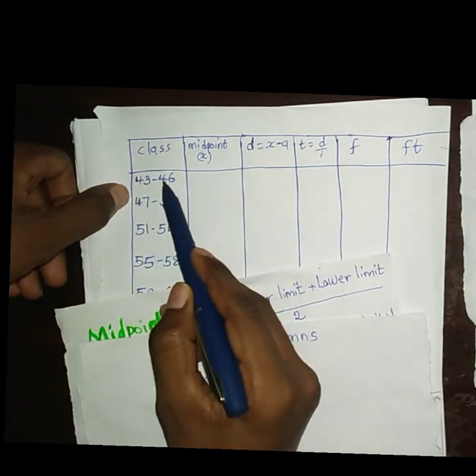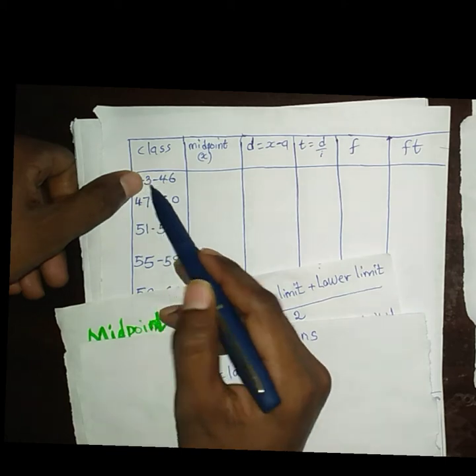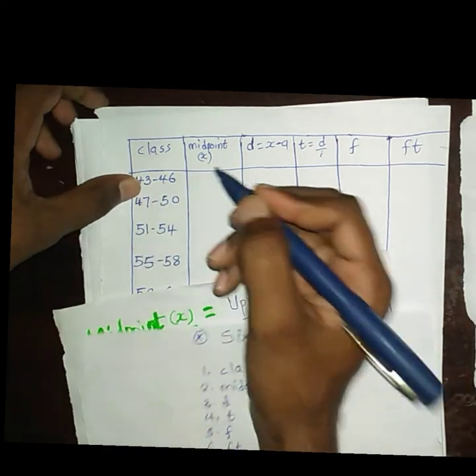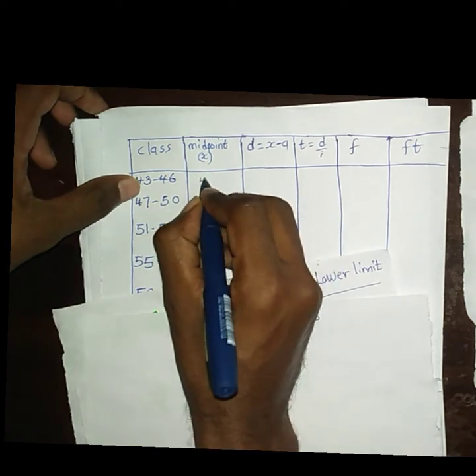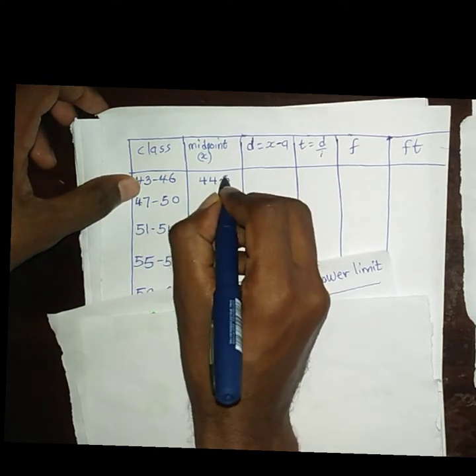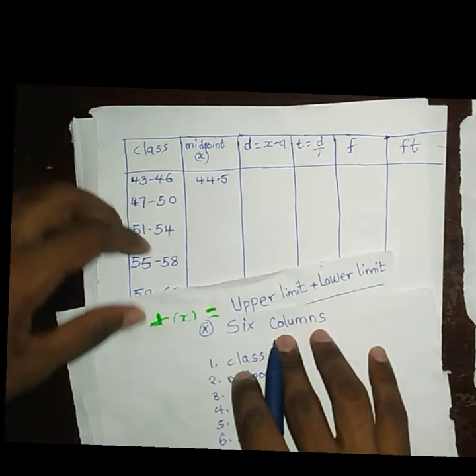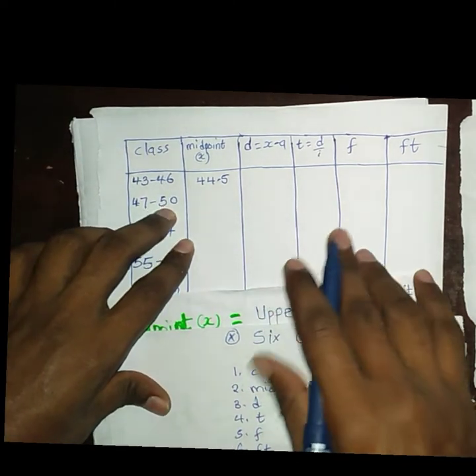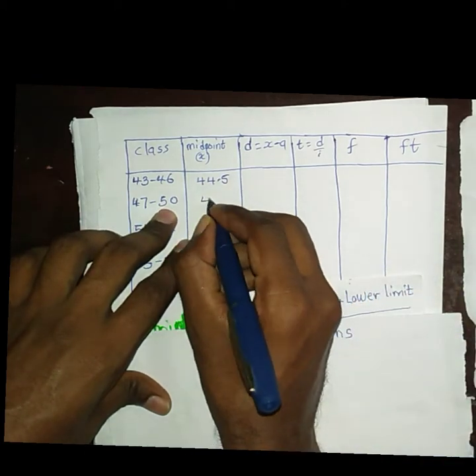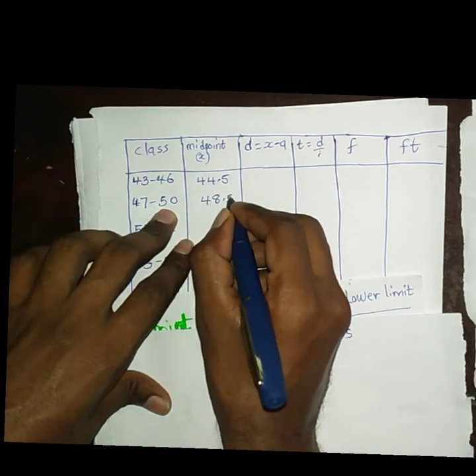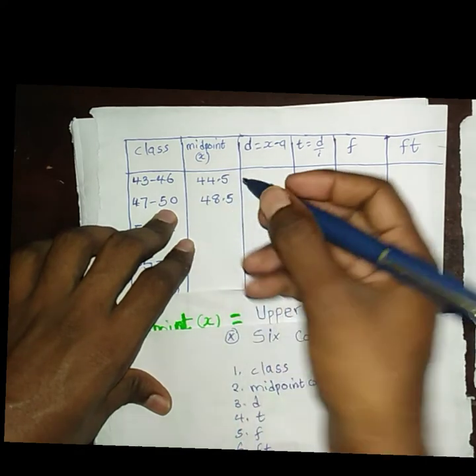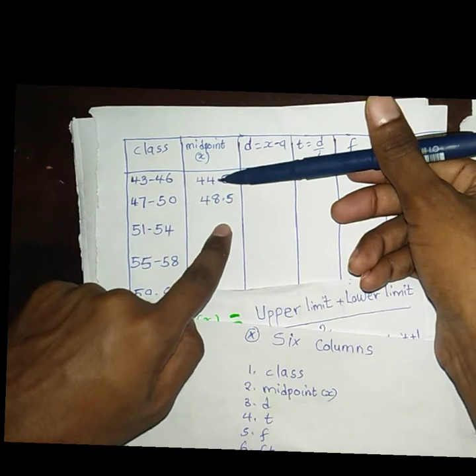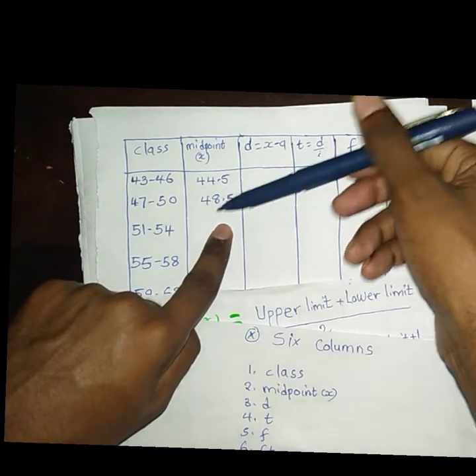So if we add 46 to 43 and then divide by 2, the average that we are going to get is 44.5. Likewise, if we add 47 to 50 and then divide by 2, we are going to get 48.5. The rest of the values you can find by adding the class length to the current value.